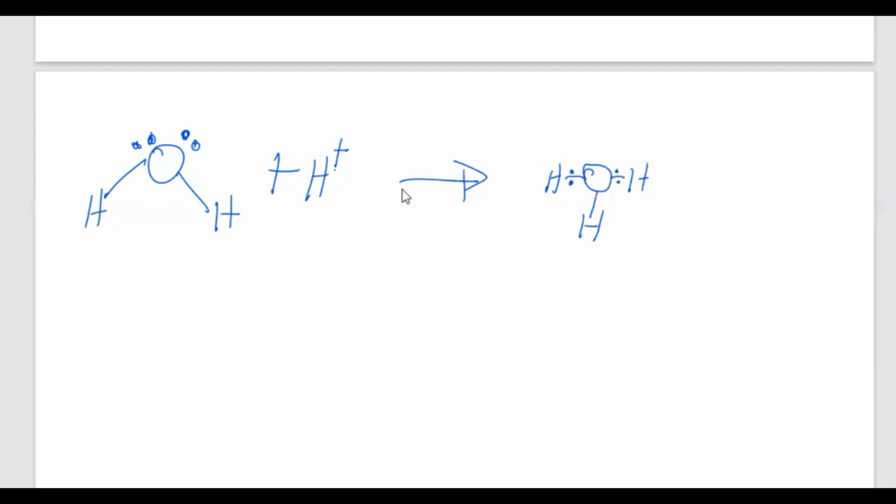But the electrons in this bond are going to come from the oxygen. This hydrogen has not brought anything, because this one has given out one electron to this so that it forms a bond. So it has remained with this electron. What is it going to become? It's going to become positively charged because it has given out one electron to this. You understand? So it has become positively charged.